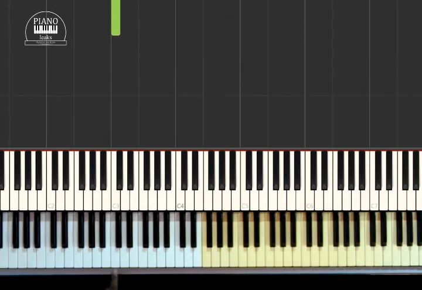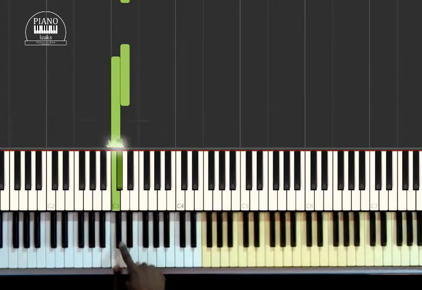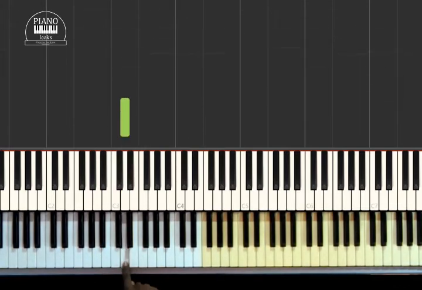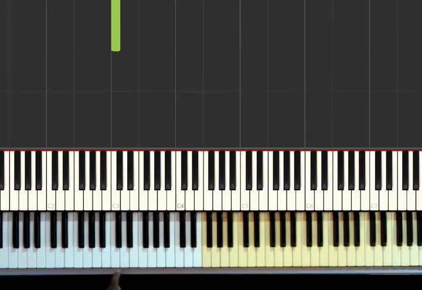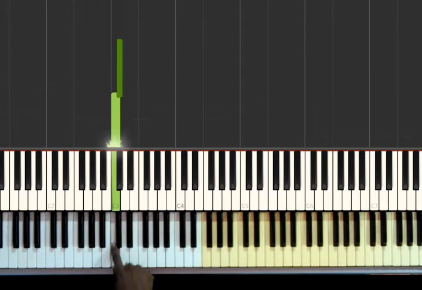So, for instance, from the key of C, a tone will be one step, two steps. So D is a tone away from C. Another instance, beginning from C, a semitone away from C, one step. So C sharp is a semitone away from C.